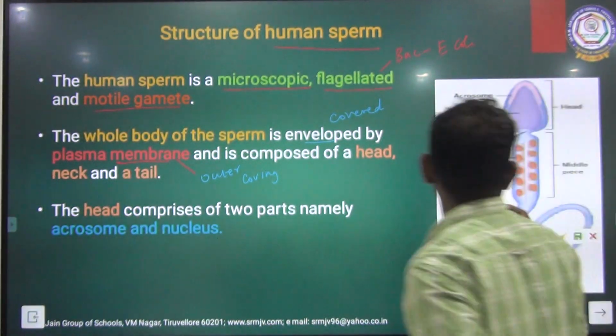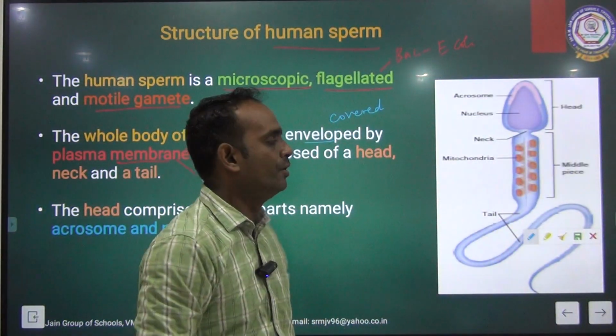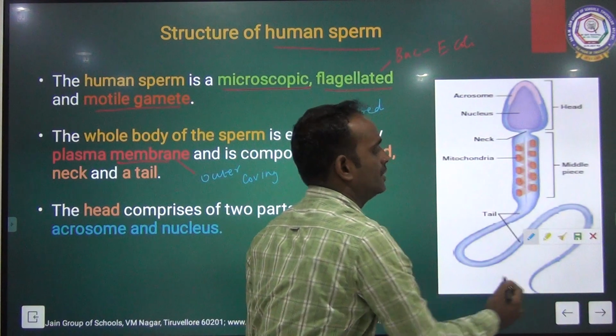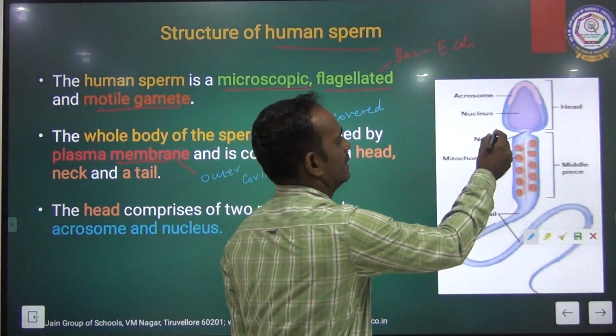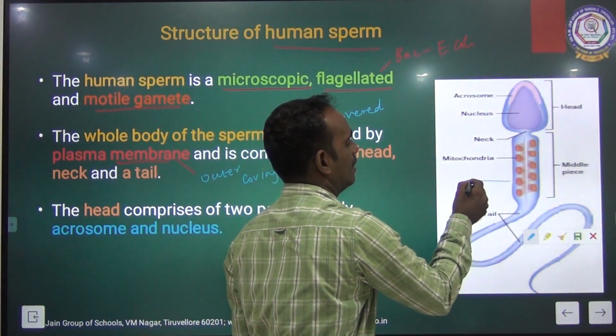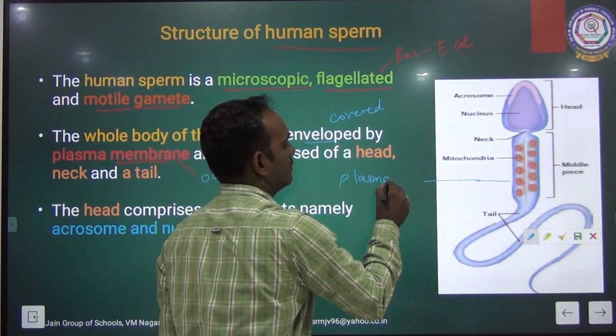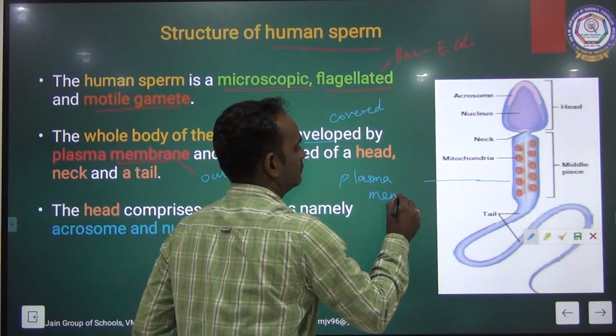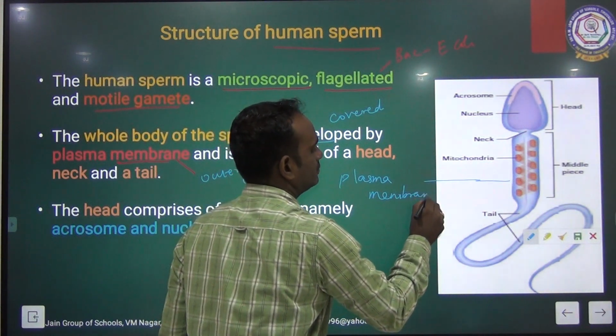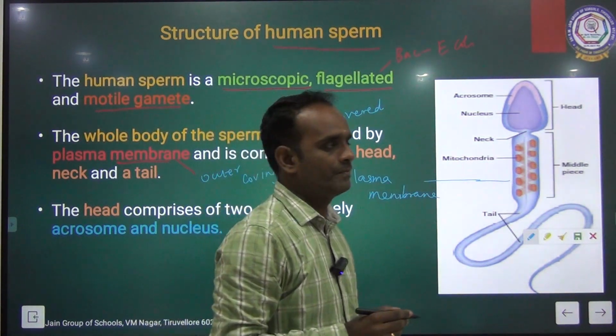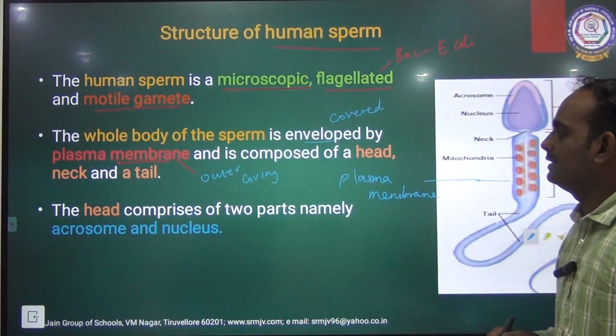See the diagram of the sperm. The whole body of the sperm is covered by an envelope called plasma membrane. Clear?